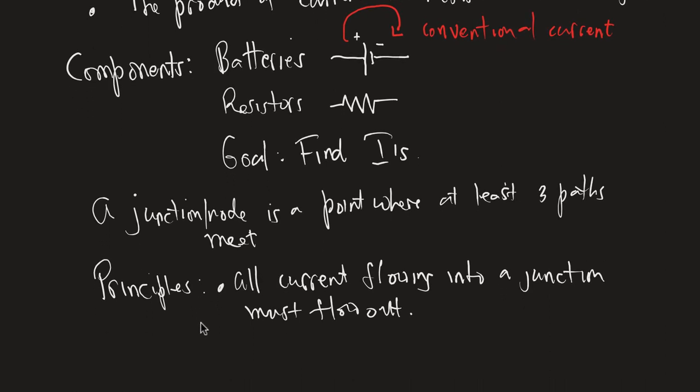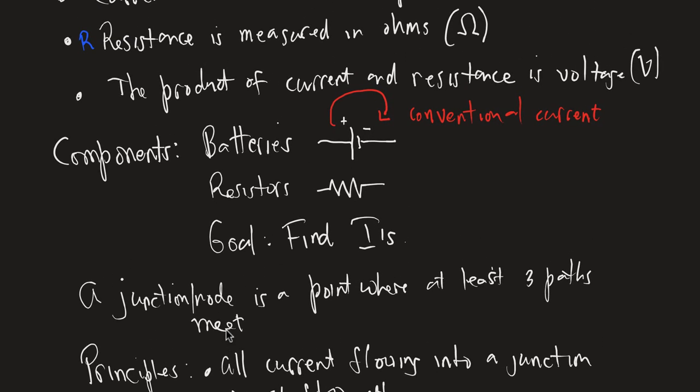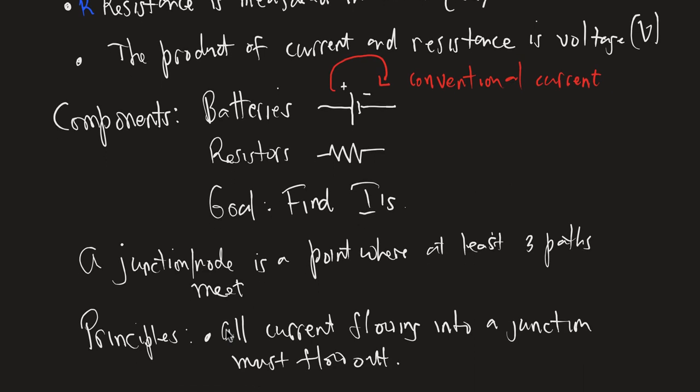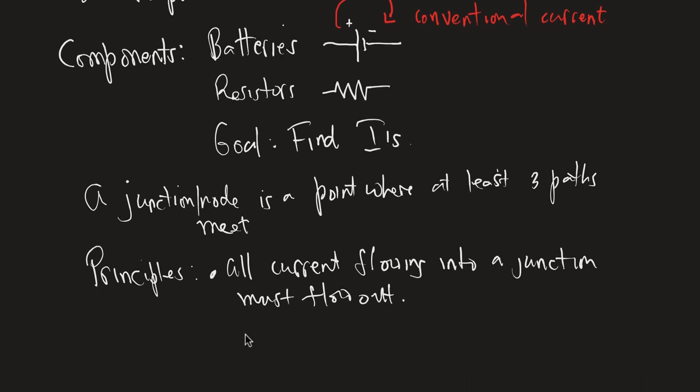The other one now has to do with the current and the resistance. And this is where we're going to use our property up here. Let me go back up. That says the product of current and resistance is voltage. So we're going to use this one to define our second principle that allows us to create our equation.